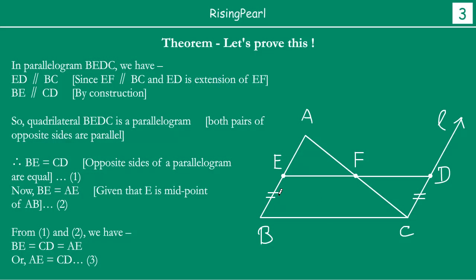You know that BE is equal to AE, because E is the midpoint. So we see that BE is equal to CD because it is a parallelogram, but also BE is equal to AE because E is the midpoint. So from this we conclude that AE is equal to CD, right?